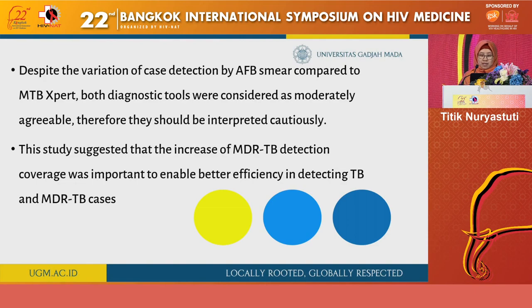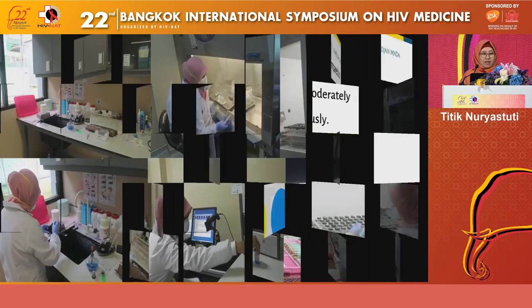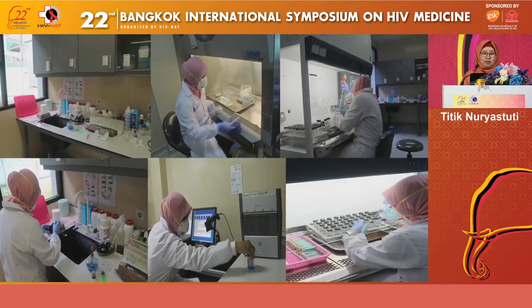So I just want to share pictures of our activity and our PSL2 plus lab. The left side is the picture when we do the AFB smear staining by Ziehl-Neelsen staining, the middle part is the procedure of the Xpert assay, and the right side is the procedure when we do culturing in Lowenstein-Jensen medium, which is homemade media.